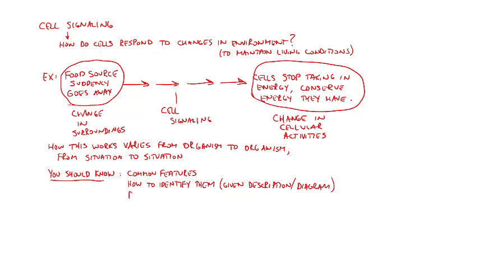You should be able to predict likely outcomes of signaling. Okay, what would a cell likely do in this situation?